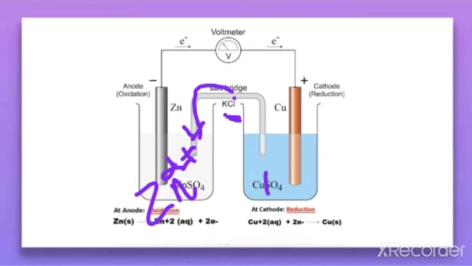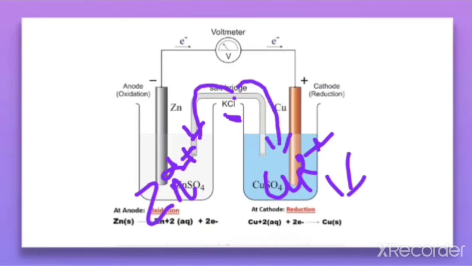And similarly here the concentration of copper ion is decreased. As the concentration of copper ion decreases, in order to maintain the electrical neutrality, the K+ will start to migrate into this container.